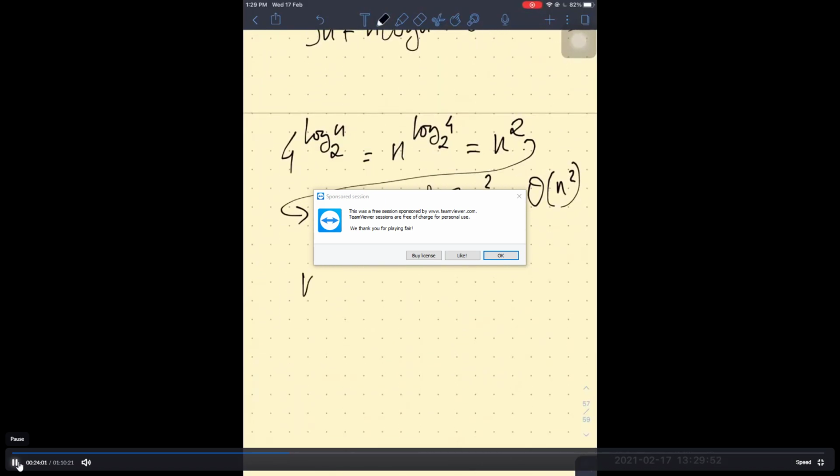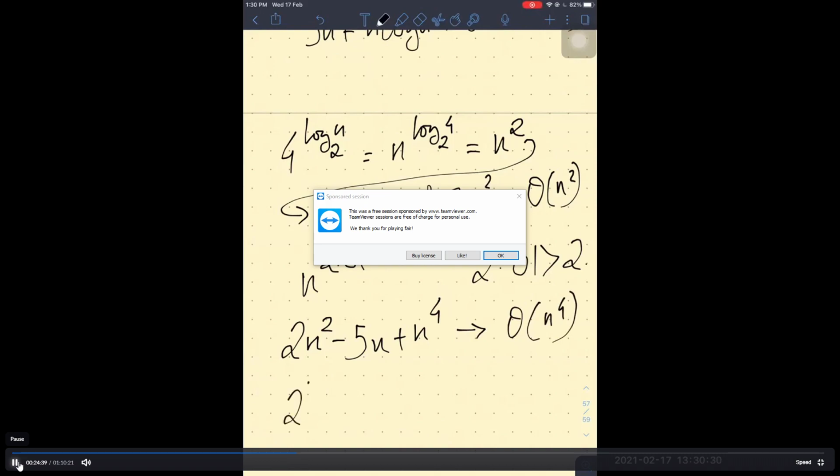Then n to the power 2.01 will have a higher growth rate, as 2.01 is greater than 2. Then we get 2n squared minus 5n plus n to the power 4. It will have runtime of theta n to the power 4.